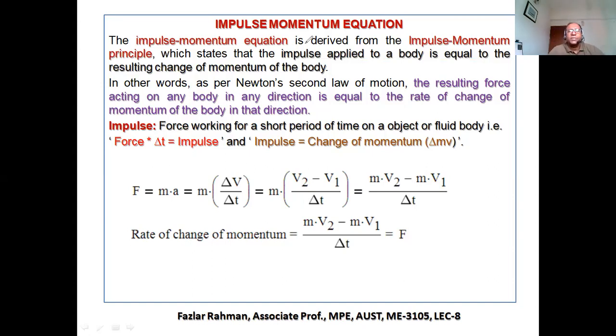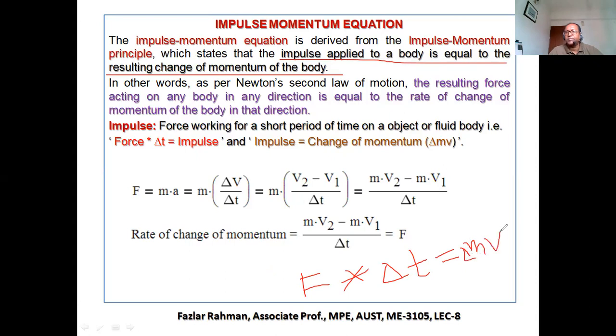So it's saying that impulse applied to a body equals the resulting change of momentum. That means F into delta T will be equal to the change of momentum, that is delta mv.